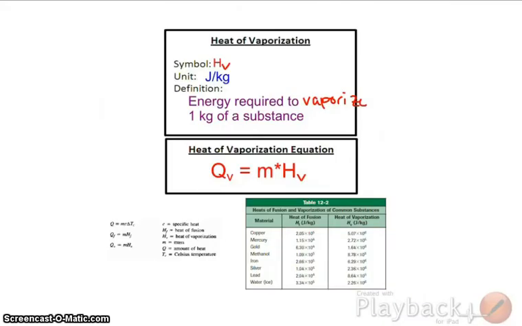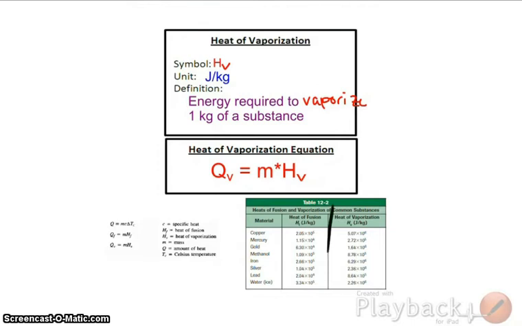Now heat of vaporization, that's symbol Hv. Units are joules per kilogram, and it's the energy required to vaporize, or to turn something between a liquid and a gas. Vaporization is the liquid to gas. Fusion is solid to liquid, or the other way around.